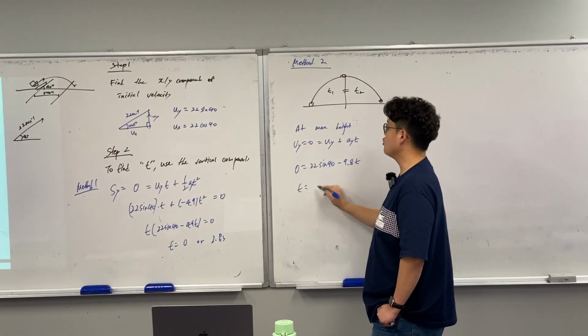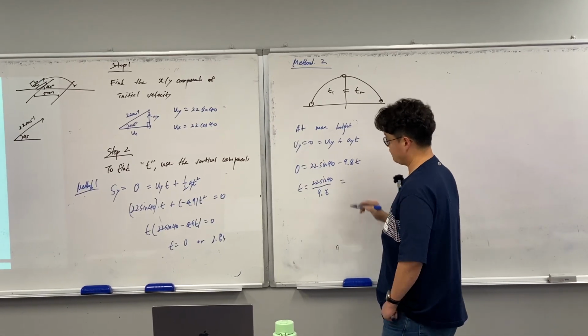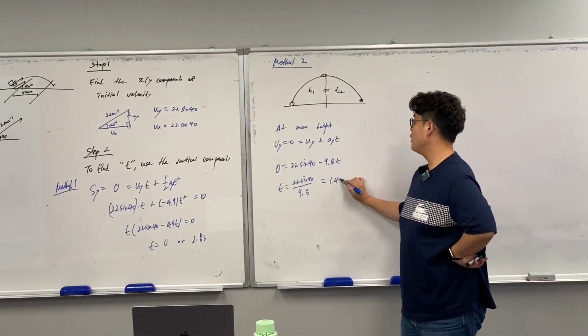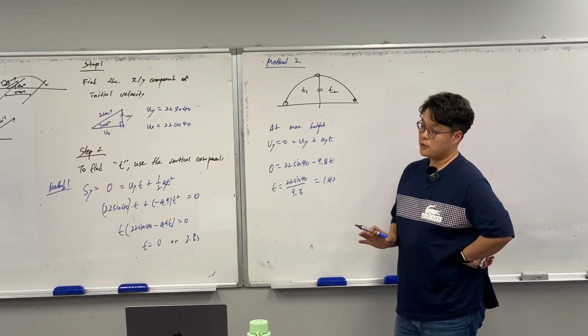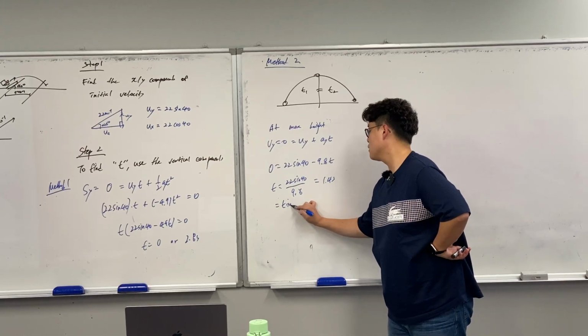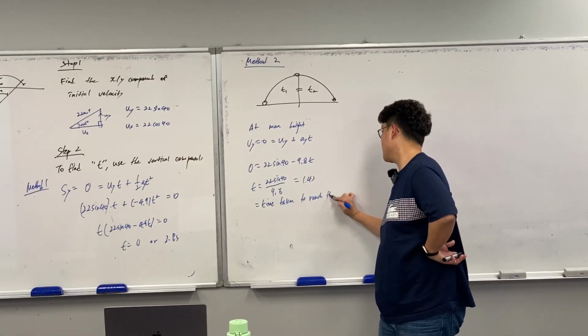Then t would simply be 22 sine 40 divided by 9.8. This gives roughly about 1.4 seconds. Remember that this is the time taken to reach the max height.